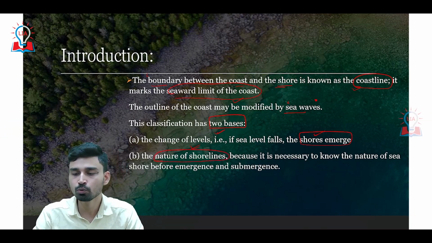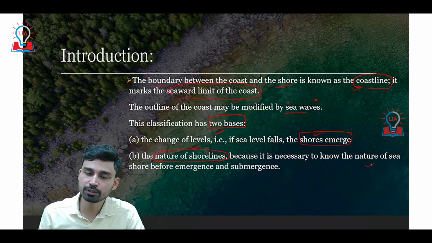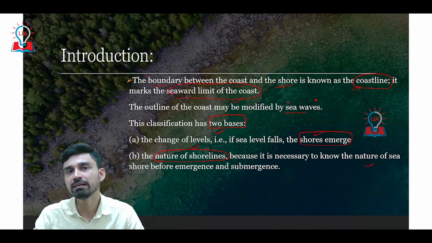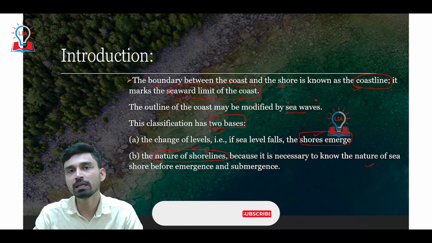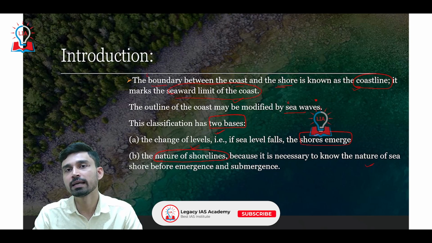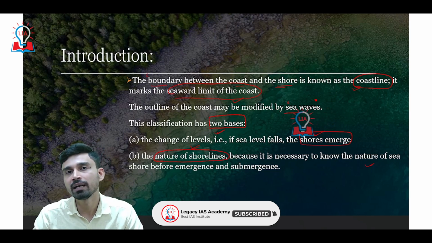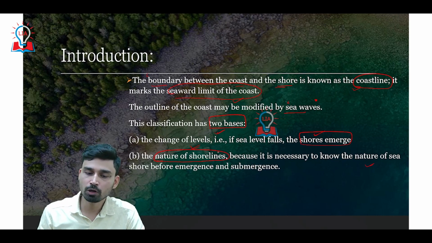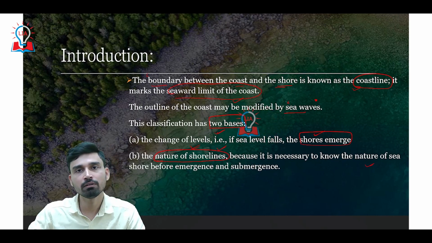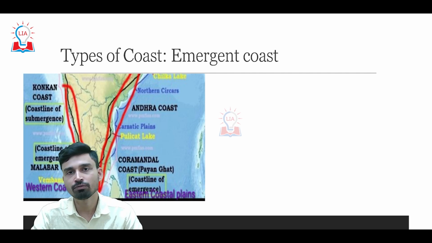When I talk about the nature of the shoreline, it is essential to know what the seashore was like before the sea level changed. For example, whether the coastline was made up of mountains and valleys, whether it was a glaciated region, whether it was simply a low-lying plain region such as a deltaic region, or whether it was something else. Depending on that, due to the fluctuation of sea level, we see different types of coast formed.